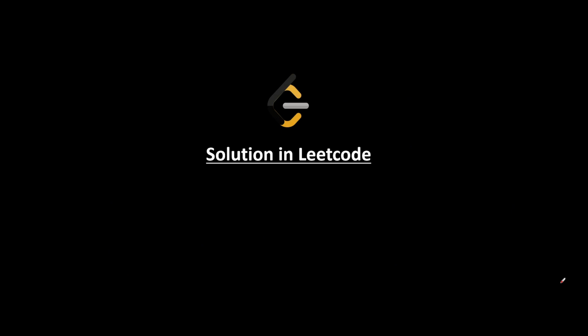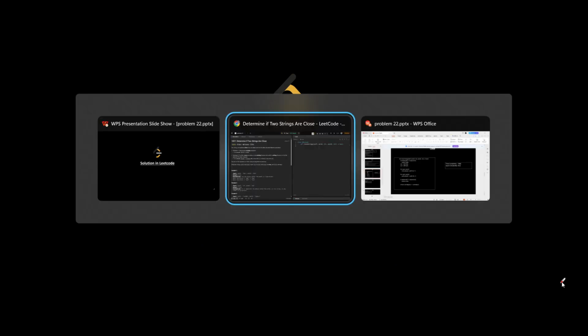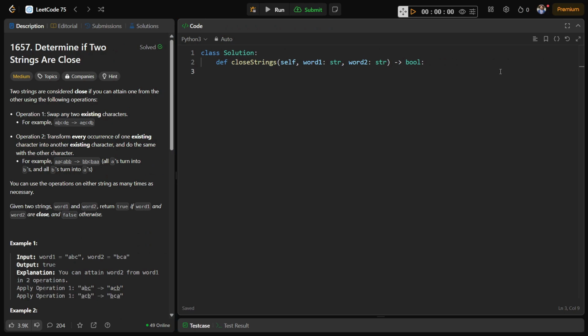Now, since you're familiar with the problem and solution, let's move to LeetCode and code the solution. Code is as simple as it can get. First, you will check the length. If the length of word 1 is not equal to the length of word 2, we return false. Fine.